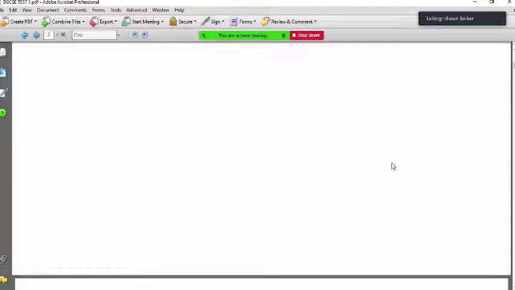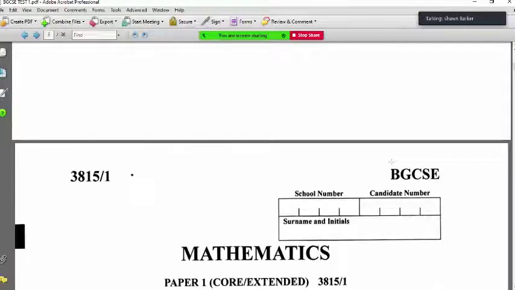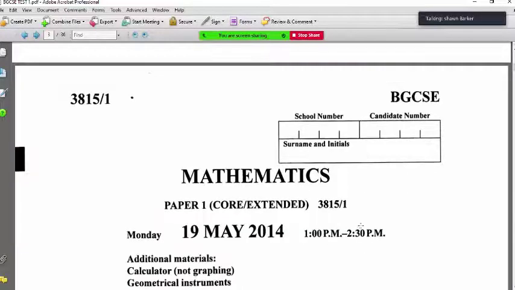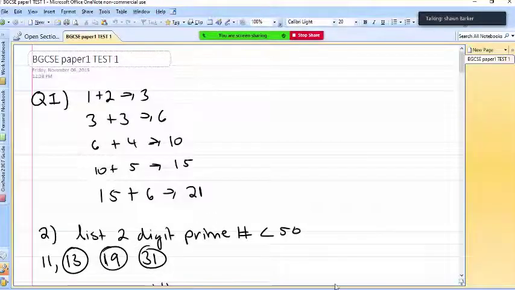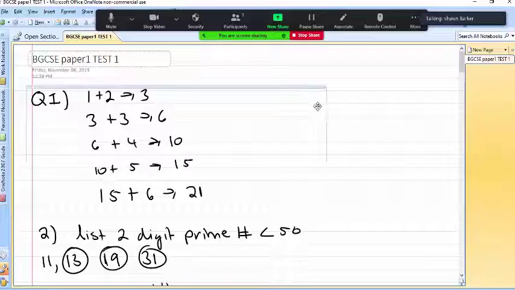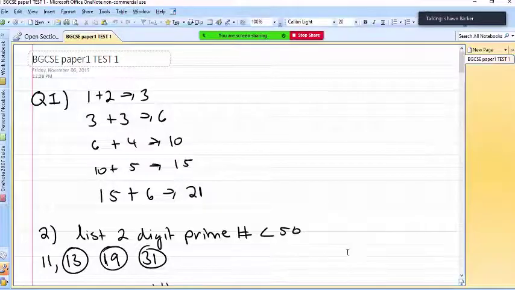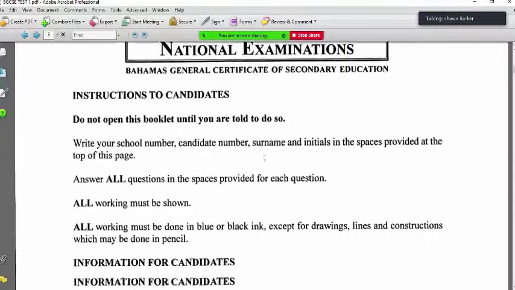We're going to email you a copy of this actual paper and a copy of this recording. You could take notes if you wish, but everything is already taken care of for you, and you can just have a copy. So let's look at the first question from this paper.